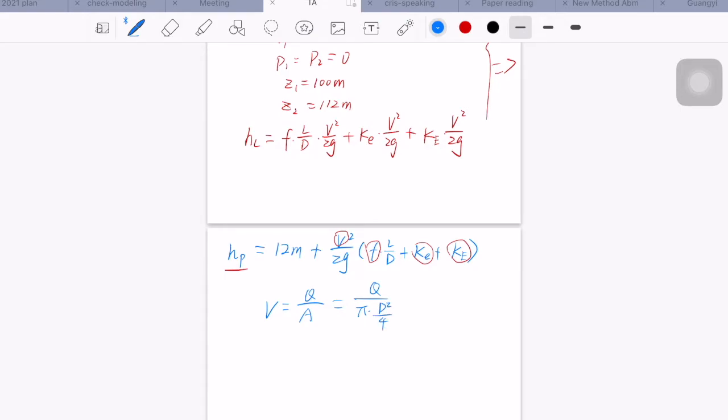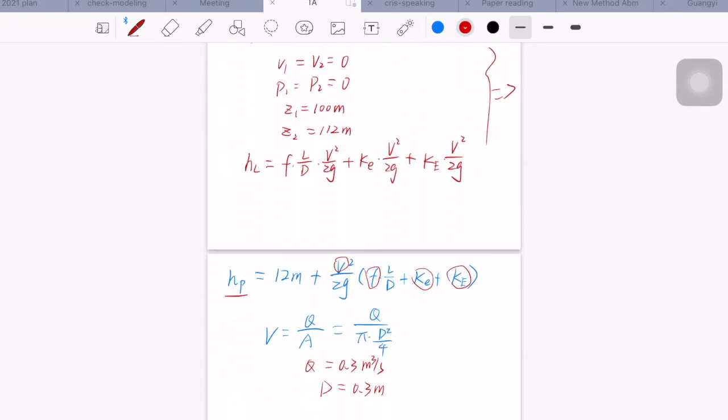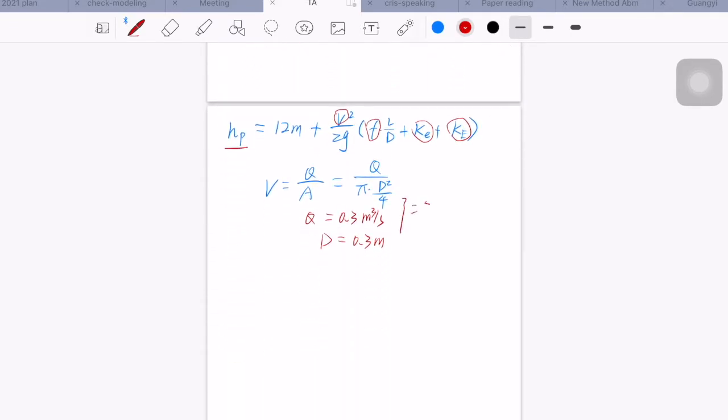We know Q is 0.3 cubic meters per second, and D is 0.3 meters. We can determine that the velocity V is 4.24 meters per second.